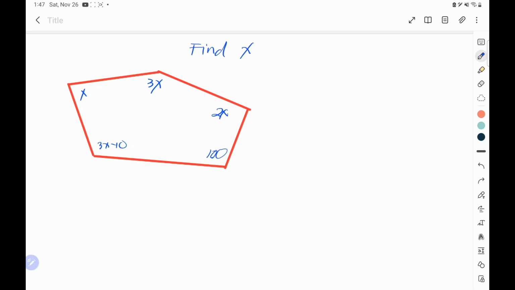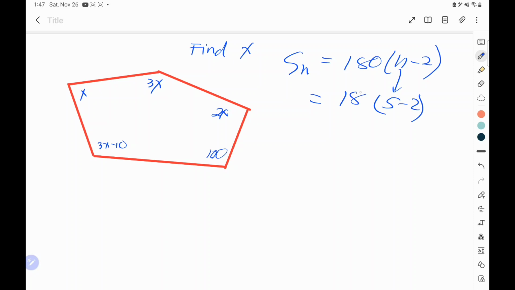What formula are we going to use? The sum of all angles inside a polygon is equal to 180 times n minus 2. Our number of sides here is 5, so 5 minus 2 times 180 is equal to 180 times 3. That is our sum of angles inside, which is 540.